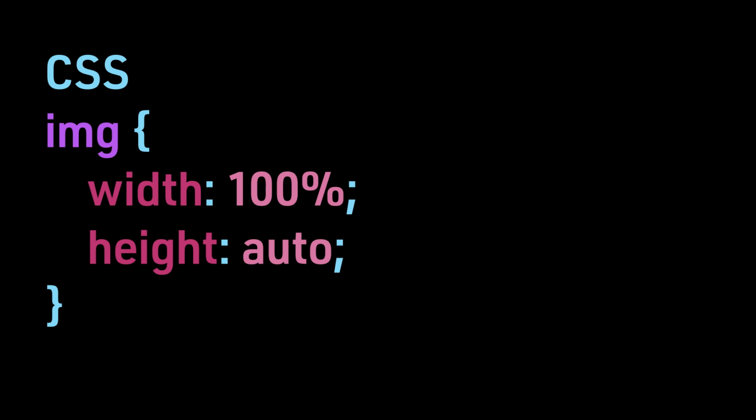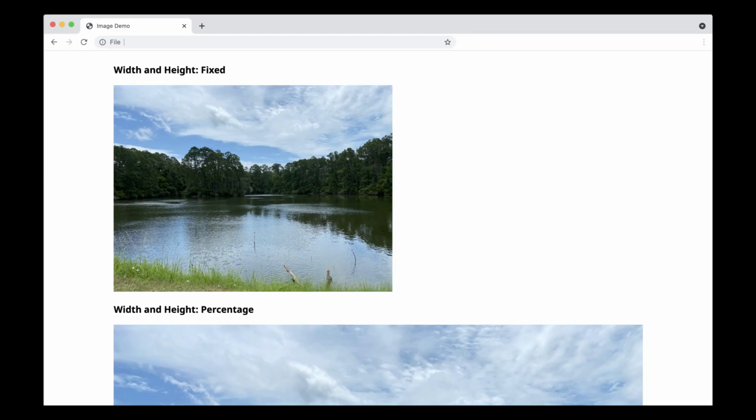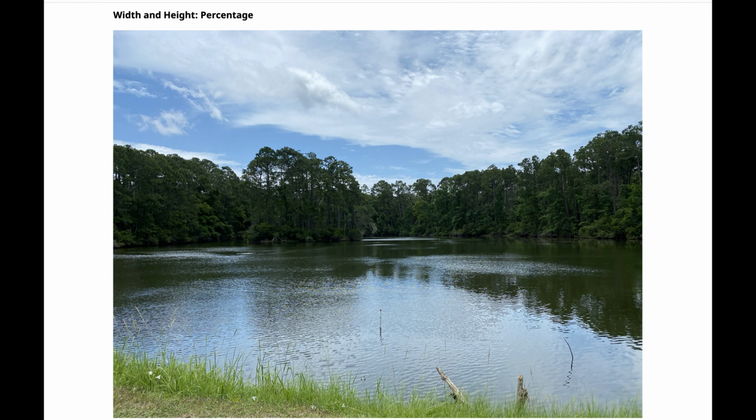In this case, we are in a section since we are using our demo page previously described, and our section is in a container that is 80% of our browser width. This is likely to be wider than our fixed width of 600 pixels. Let's take a look. So we see that it is indeed much wider as we are telling the browser to display the image at 100% of the width of the containing element. Here is the full image.